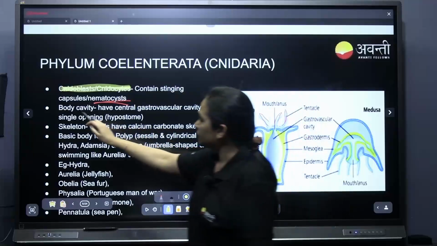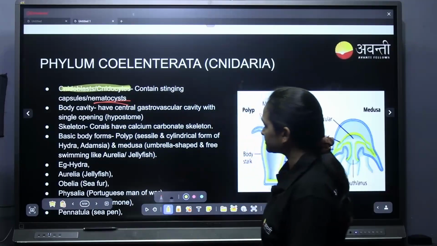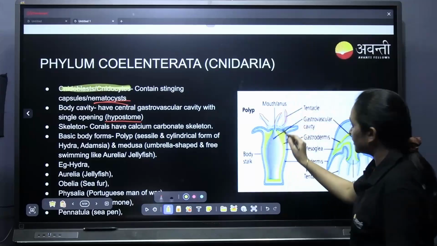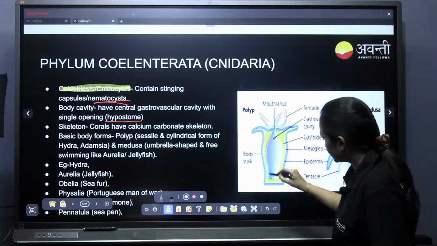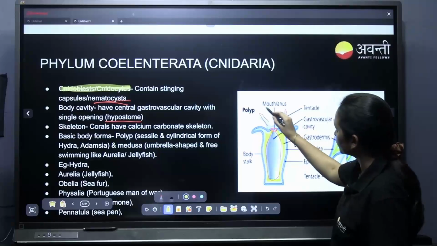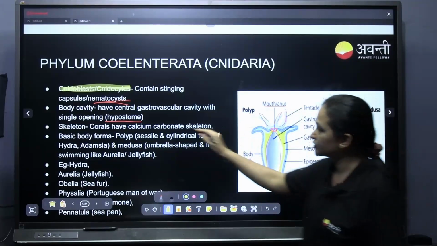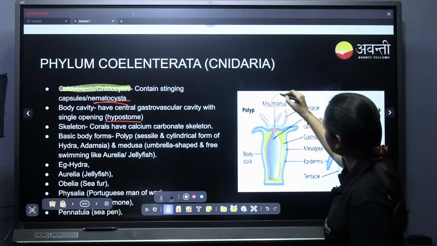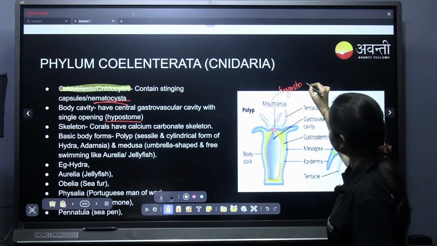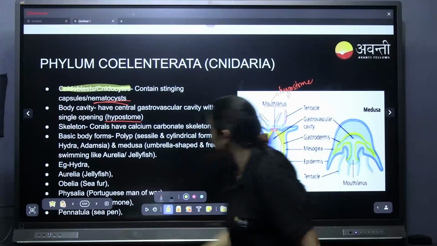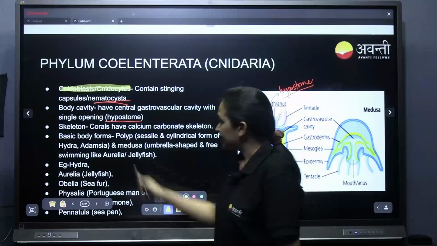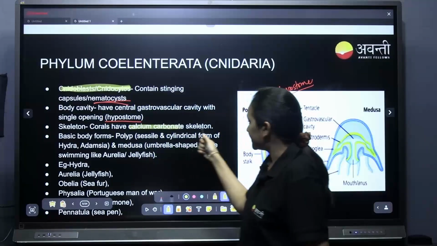Now, they have a body cavity opening called the hypostome. This is the body cavity, and it opens here. This opening, which serves as mouth and anus, is called the hypostome. Another thing, they have a calcium carbonate skeleton.